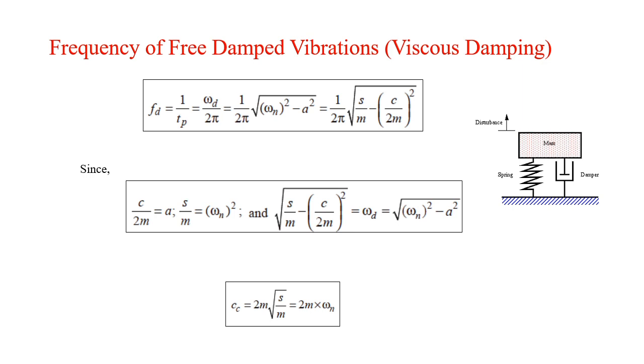It is equal to 2 m into omega n. All these formulas we have got while deriving the formula for natural frequency of free damped vibration in the previous video. So you can watch the video in the suggestion link.